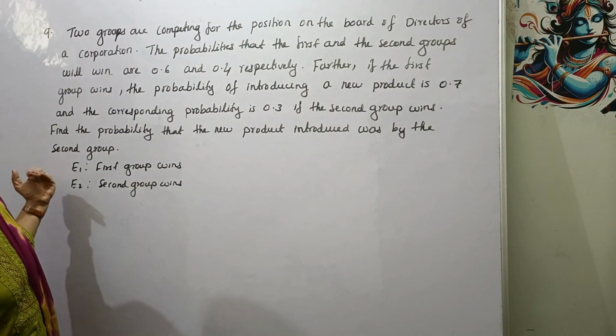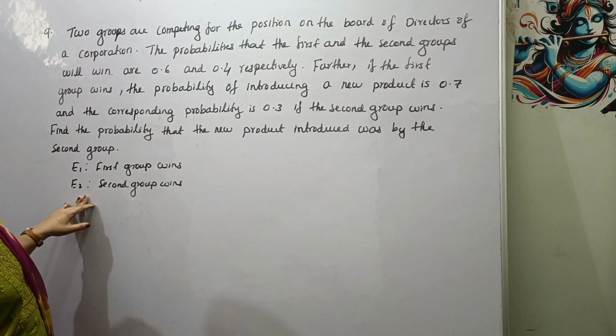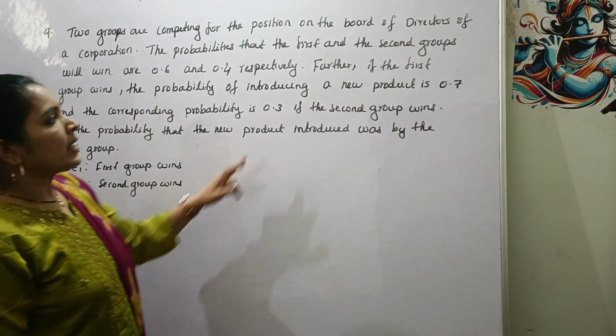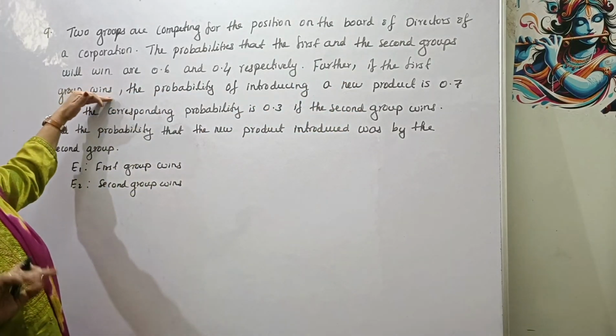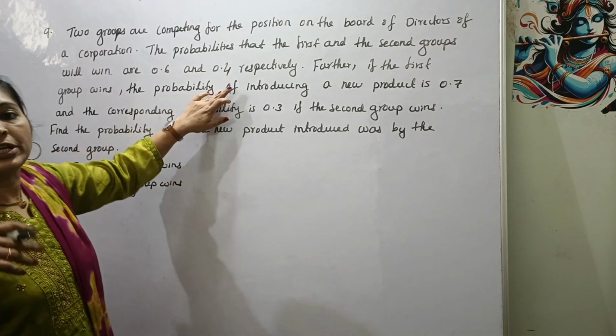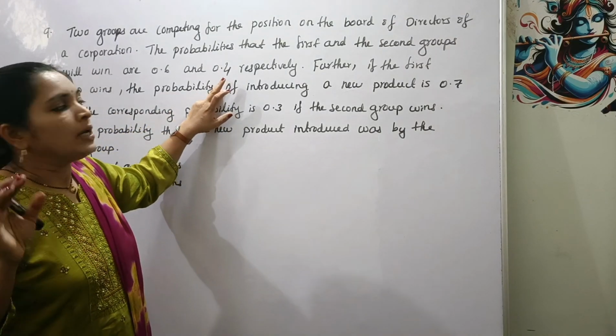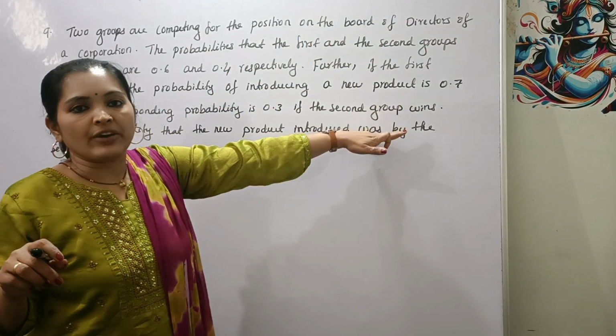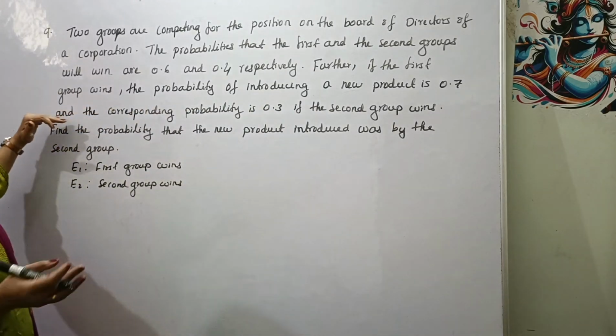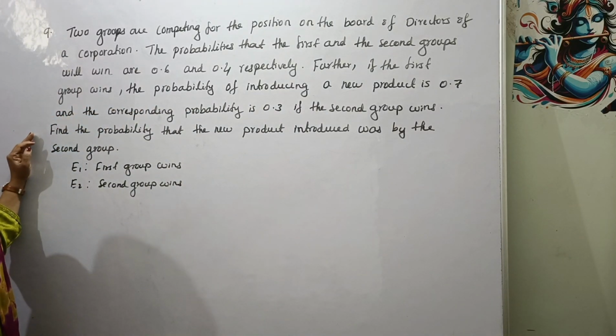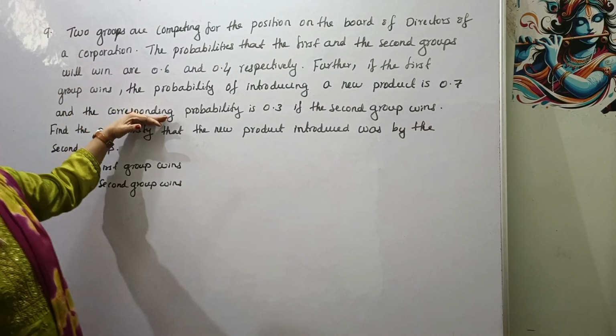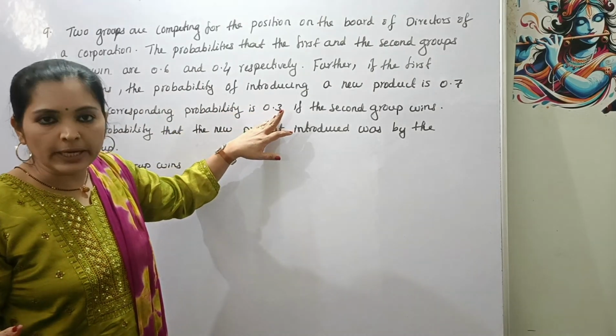That is, probability of E1 is equal to 0.6, probability of E2 is equal to 0.4. And if the first group wins, the probability of introducing a new product is 0.7. And if the second group wins, then the probability of introducing a new product is 0.3.